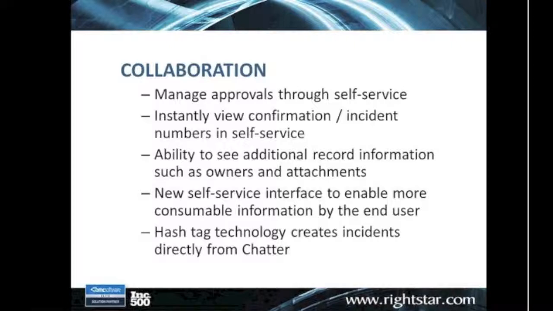So if you wish to allow your customers to see who has ownership of the record, you can do so. And then the attachments, we talked about how you'd have the ability of attaching records before saving the incident and seeing those. New self-service interface. Again, that's the tile format that we've seen, and then the hashtag technology that has also been added.